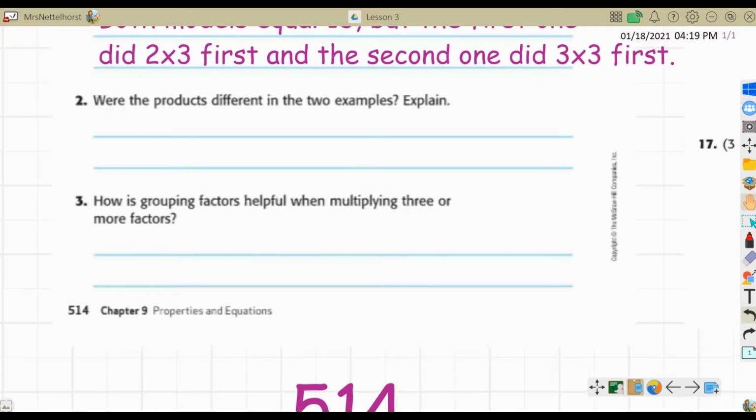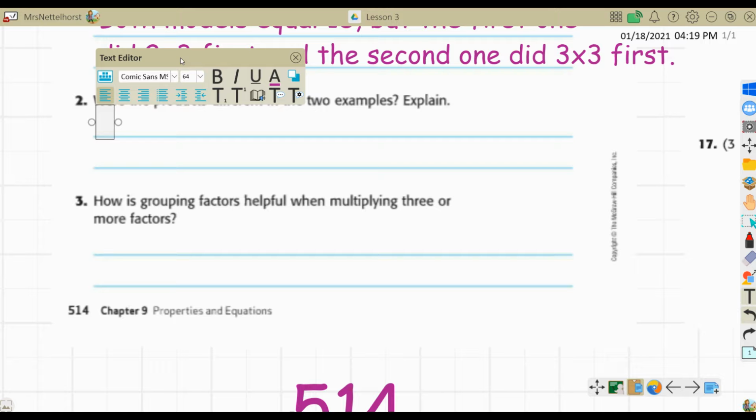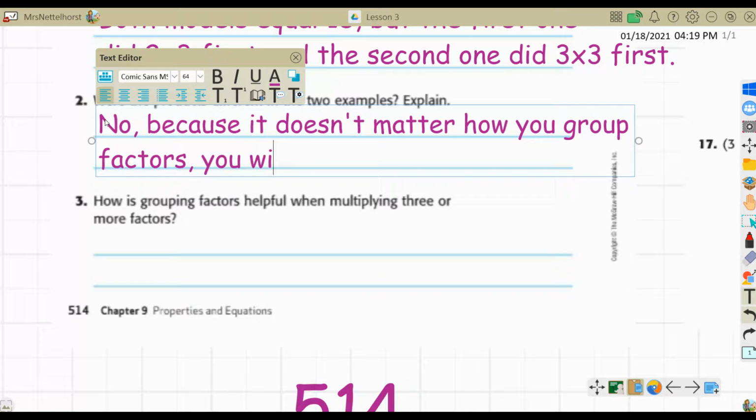No. It says explain, so I know I need to say comma because and tell why. So I'm going to do that. No, comma, because it doesn't matter how you group factors, you will get the same product.